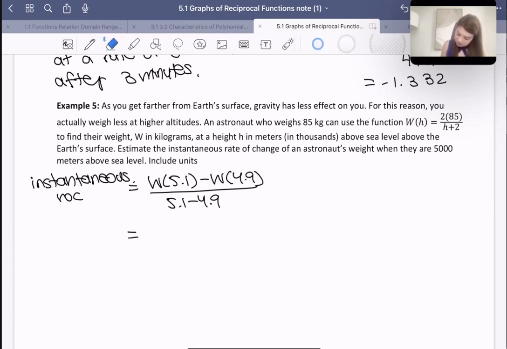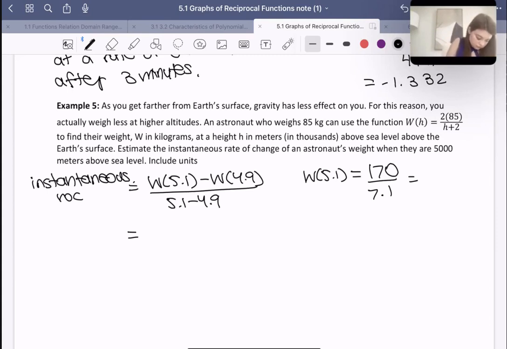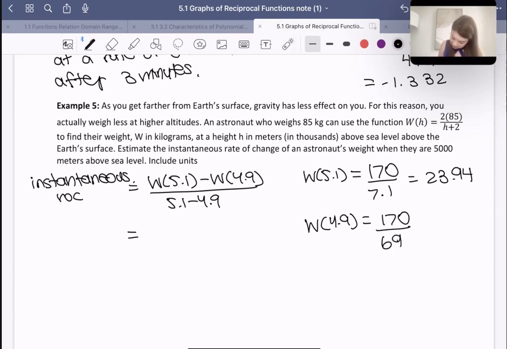Okay, so what's W of 5.1? That's going to be, well, 2 times 85. They actually could have just simplified that there. That's going to be 170 over 7.1, which is 23.94. And then here we have W of 4.9. So that's going to be 170 over 6.9.